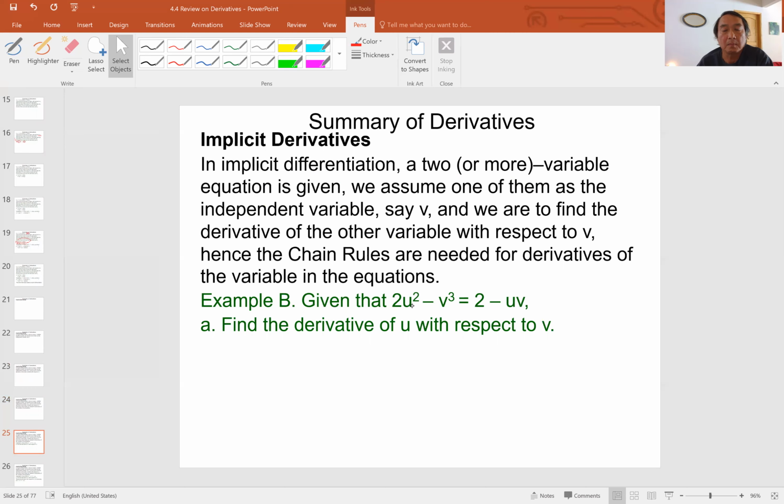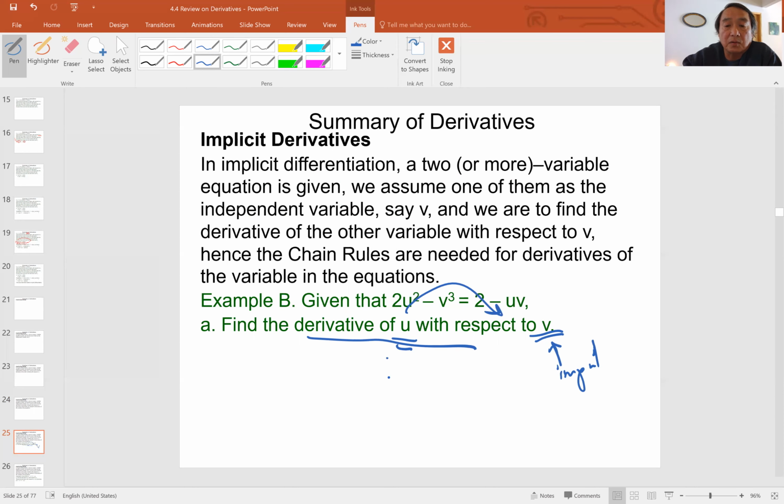Here, I'm treating the letter v as playing the role of x, the input variable. I want to know the derivative of u with respect to v, in other words du/dv, and the notation I'm going to use again is a prime.